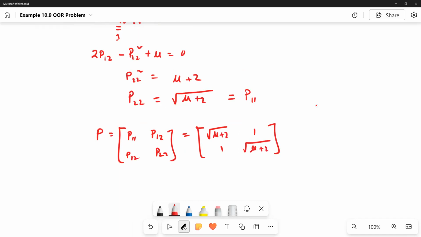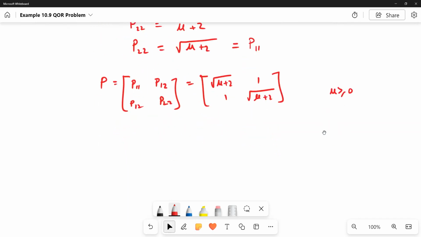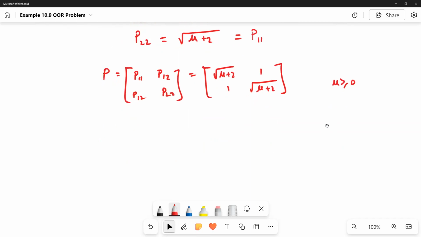Okay, so once you have your P matrix obtained, the value of mu, as you know, can be any value equal to or greater than 0. So you can choose any value in between, but keep it with the formulas now. And what will be our next step after figuring out P? We should look for the optimal feedback gain K.